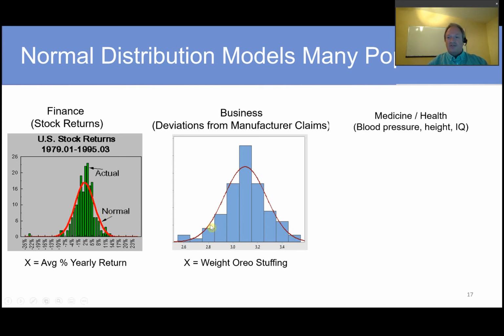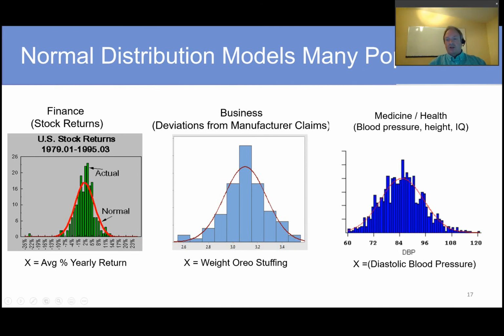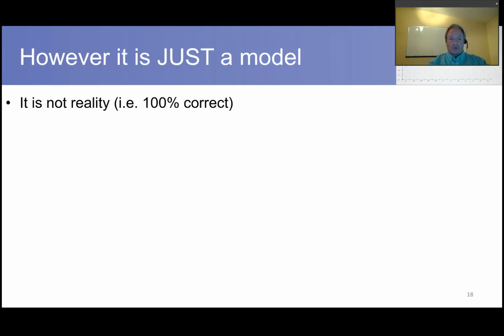What you'd see is that it's not going to be exactly what the manufacturers claim, which is at the mean. The deviations are scattered about the mean in a sort of bell-shaped curve. Physiological measurements, blood pressure, heights, lengths of specific body parts tend to have a normal distribution. And standardized test scores also have a normal distribution.